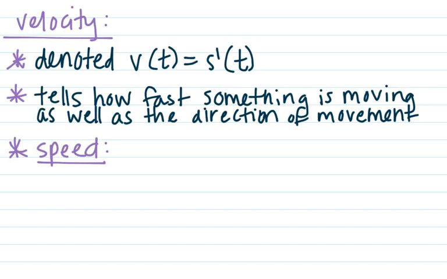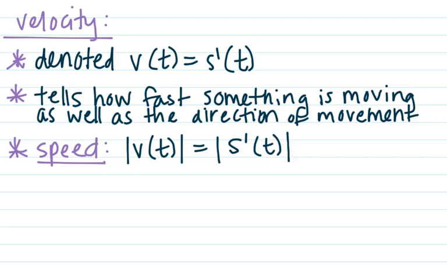It just depends on the scenario. But the speed must always be positive. So the way we represent that is the absolute value of the velocity, or the absolute value of that first derivative of the position function. If you want to make a note, because of that absolute value, our speed must always be a positive value.